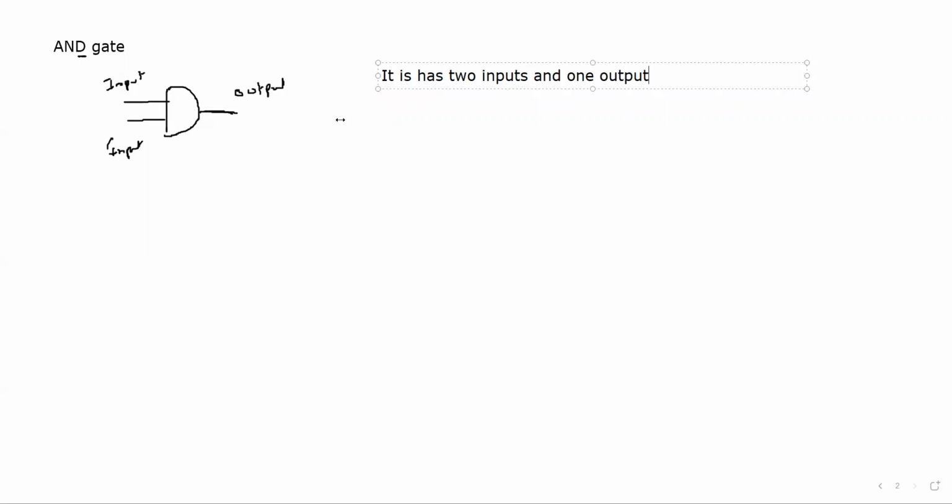To find the output, it is the product of the inputs. So AND gate output is a product of the input.